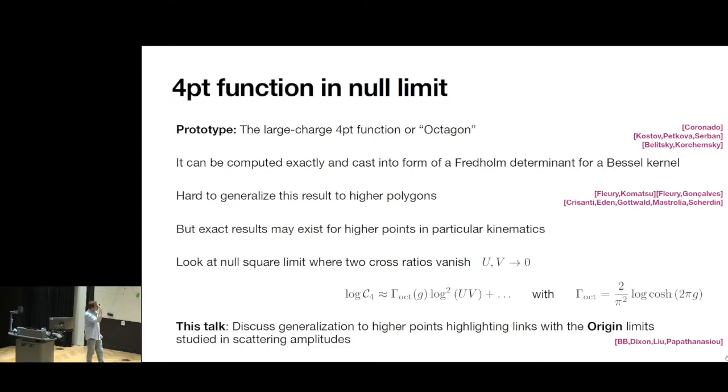And here, this is what I would like to explain in this talk, which is discuss this generalization by also mentioning the links with what we called in our previous paper with Lance, Andy, and Yorgos, origin limits of scattering amplitude, which is a generalization of these light-like limits, if you want. Okay, so some particular corner of the kinematic space where we should expect and we should be able to prove that correlation functions simplify and take a very pleasant form.